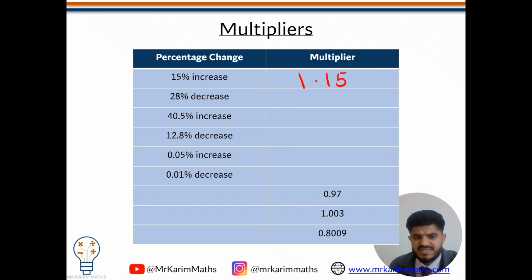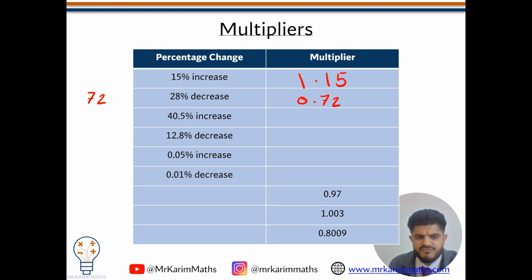If it's a 28% decrease, so we're going to be subtracting now, 100 minus 28 is going to give us 72. That's my new percentage. And then as a multiplier, so divided by 100, 0.72. That's going to give me a 28% decrease straight away in one calculation.